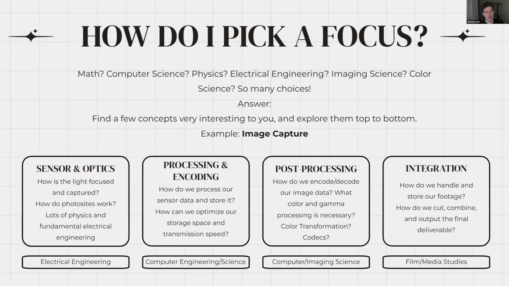From there, we have what I didn't know what to call exactly, but we'll say post-processing-ish. So it's basically, how do we encode our data? Okay, we've now sent our image information from the sensor to some storage device on the camera, right? So how do we encode that in a way that we can then transfer to the computer? How do we make it so it doesn't take up an obscene amount of space on our computer? How do we represent the color properly?